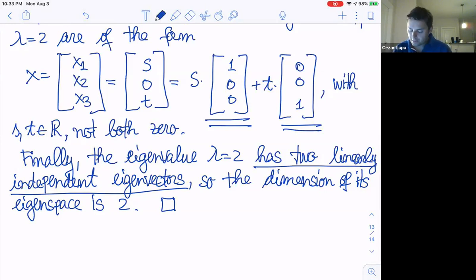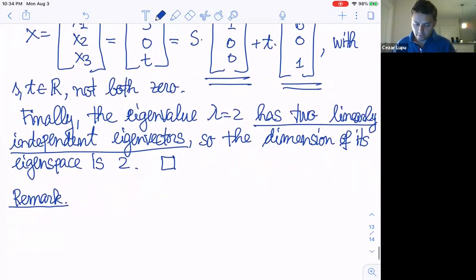Now, let's point out the remark here, because in this example, you have seen that I only had one eigenvalue, but the degree of my characteristic polynomial was 3. And I want to point out the following.